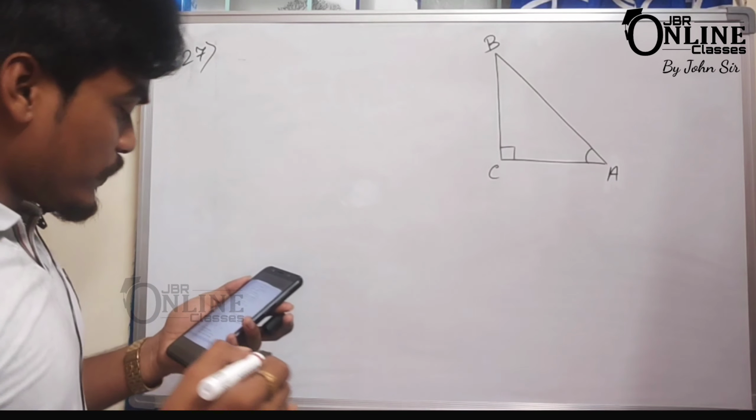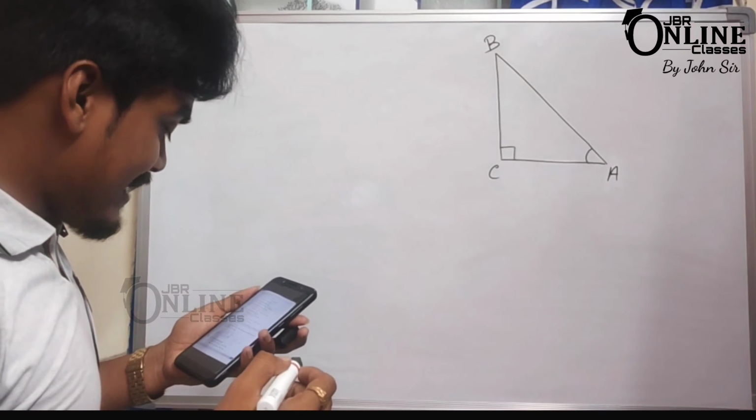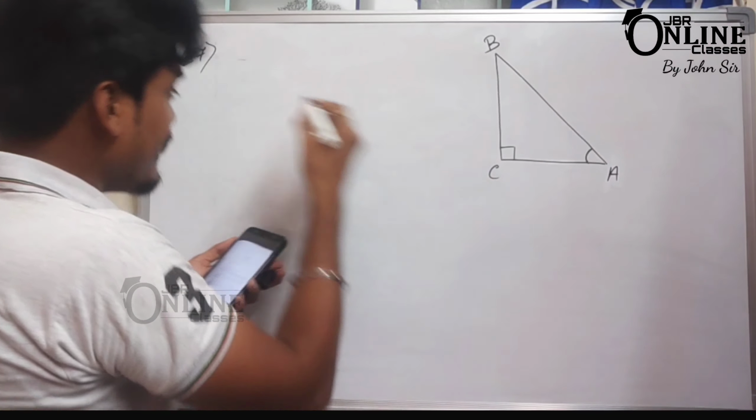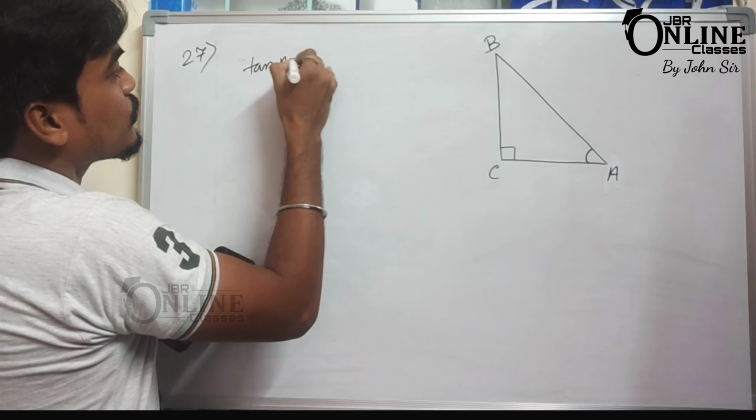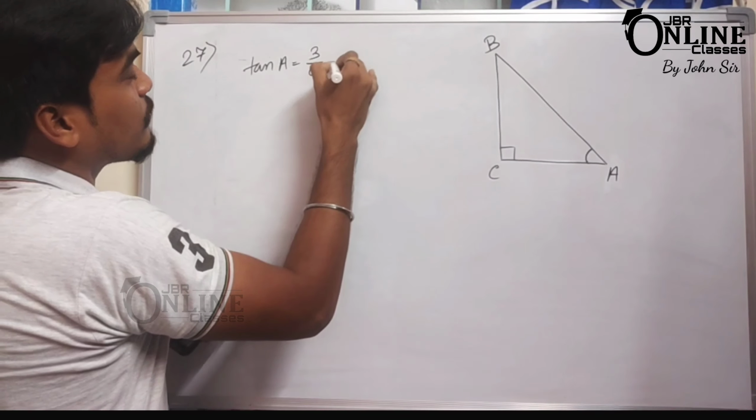Now next, sum number 27. In sum number 27, in a triangle ABC, angle C equals 90 degree and tan A equals 3 by 4. The formula of tan is perpendicular by base. With respect to angle A, BC is the perpendicular.